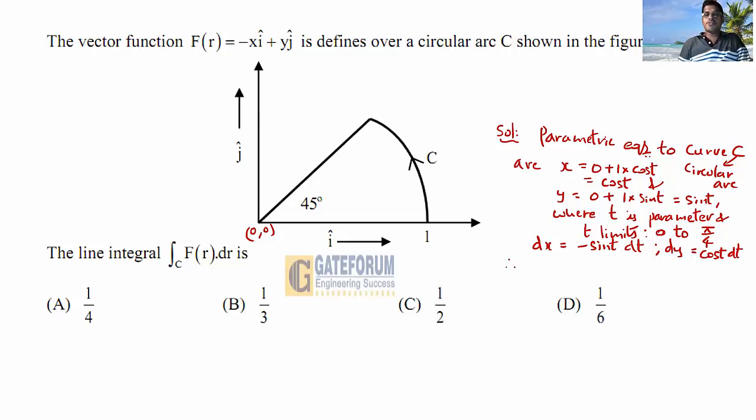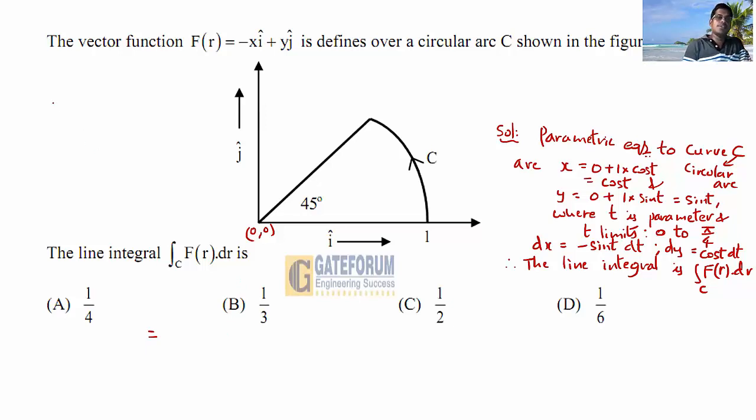Now, therefore, the line integral is the integral over c of f of r dot dr, where r is the bold letter. This is f of r bar dot dr. So how do you get this? In f of r, i and j are respectively replaced by dx and dy, because dr means dx i cap plus dy j cap.